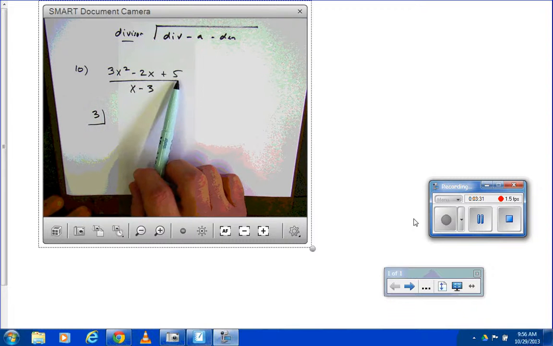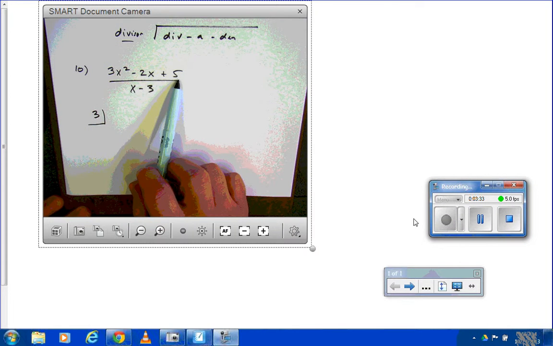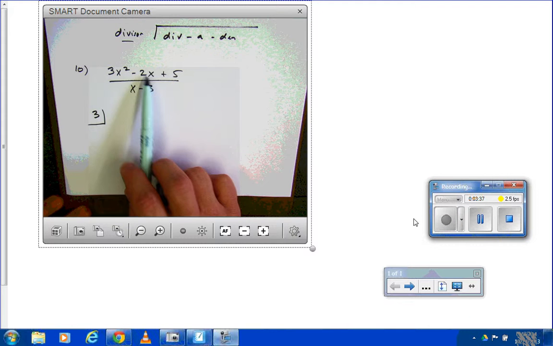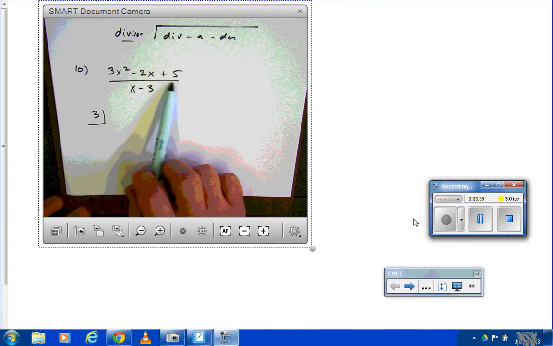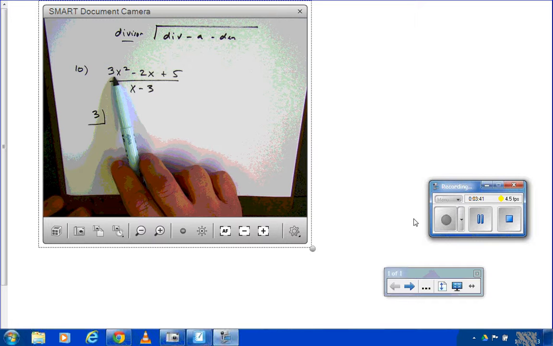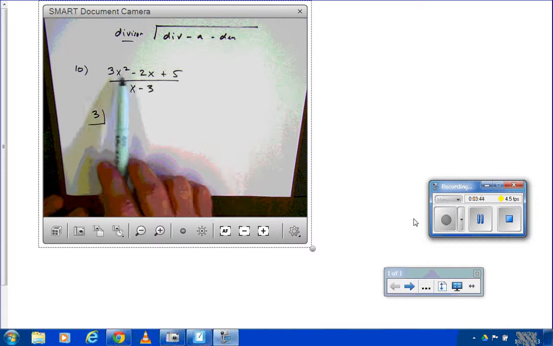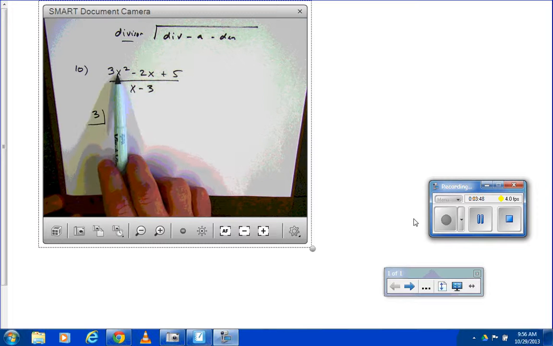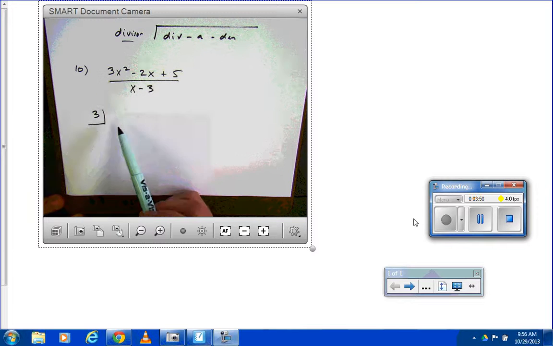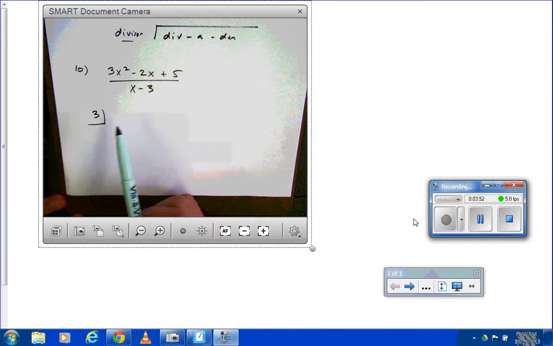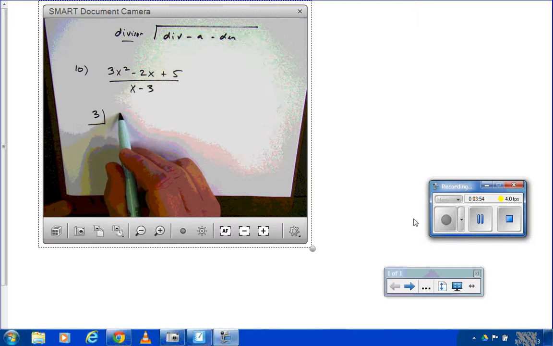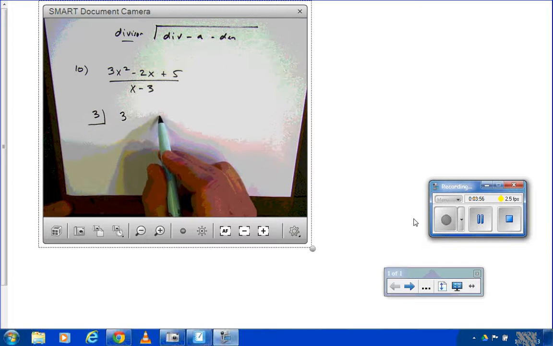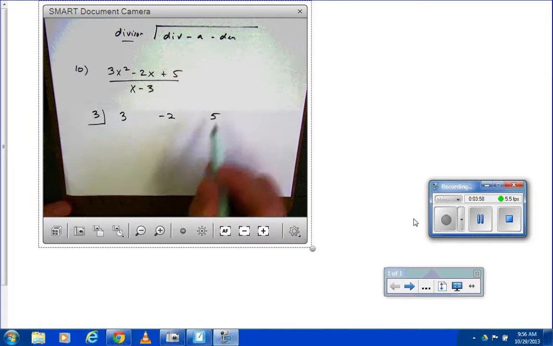The one thing you have to be careful about with division, not only synthetic division but also long division, is skipping terms. If you skip any terms, you have to fill in 0 placeholders. In this case, you're going from x squared to x to the constant. Are you skipping anything? No, you're not skipping any terms. The next one we're going to skip a lot of terms. So we'll write the coefficients, which are 3, -2, and 5.